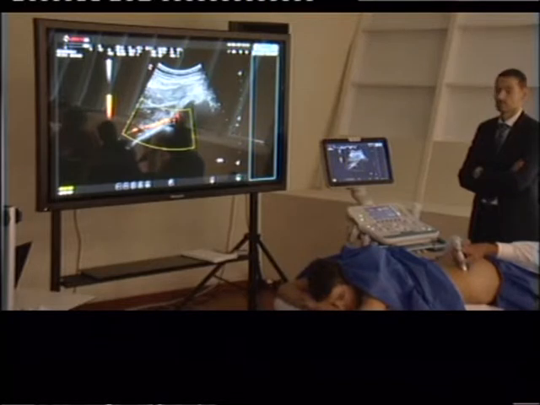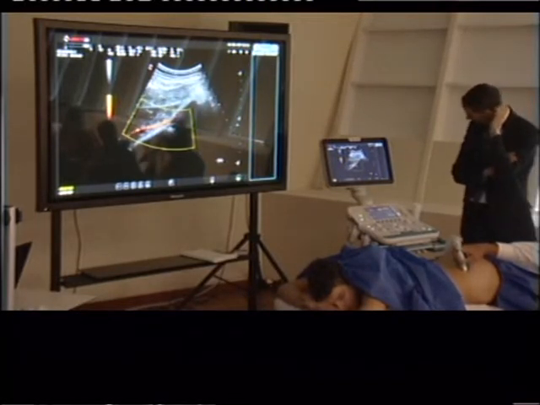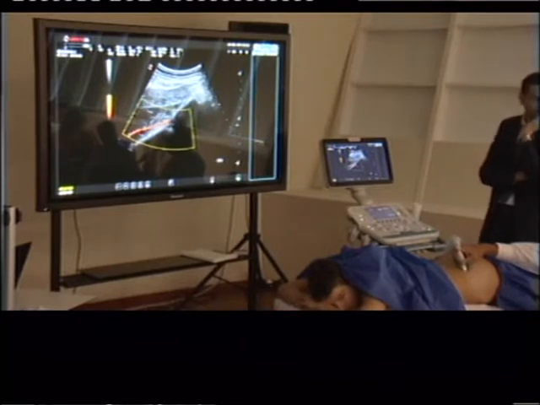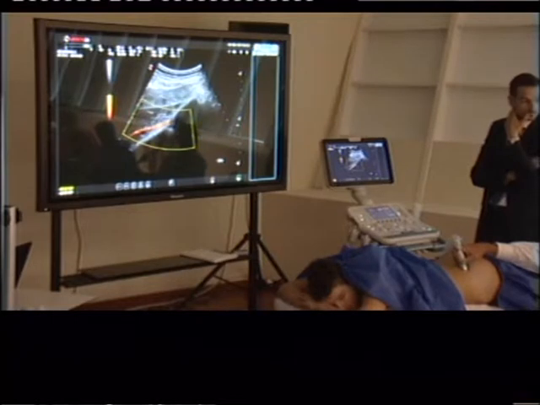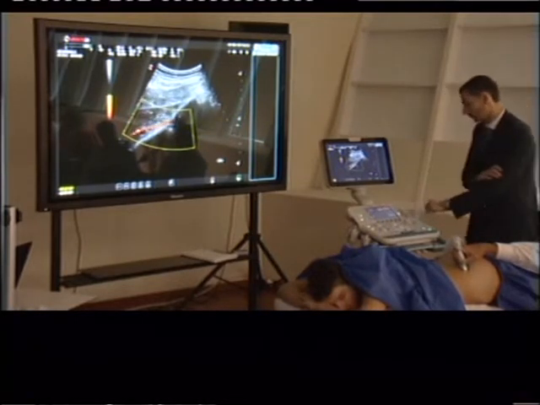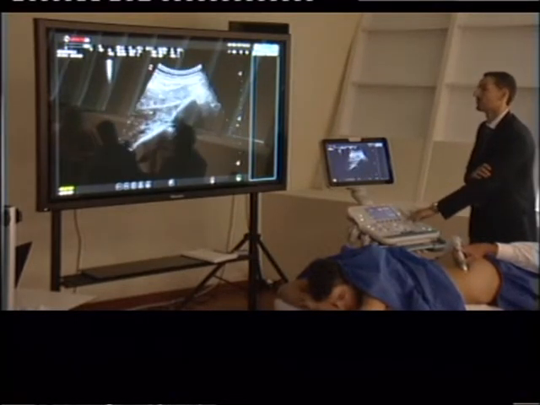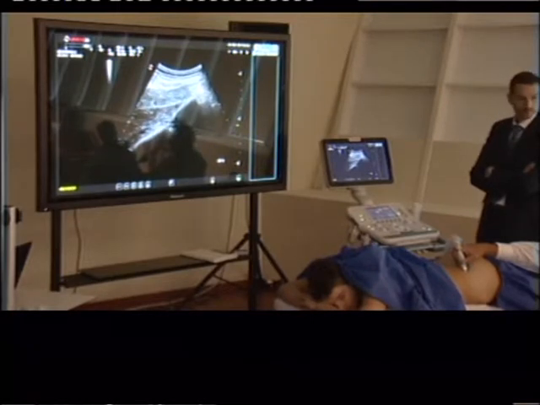So I always find the superior gluteal artery because the next thing is going to be the piriformis. So turn the Doppler off. Okay, so now I'm going to slide down. I'm going to see a big black muscle.